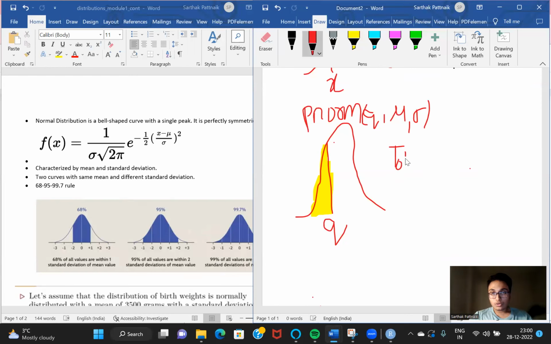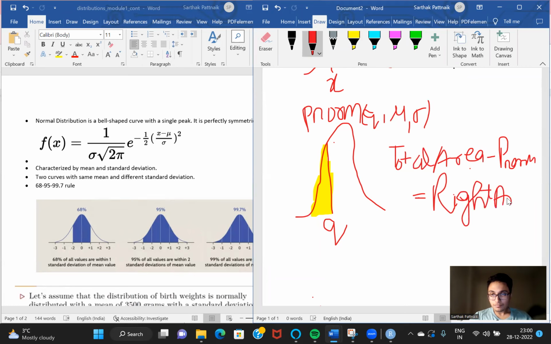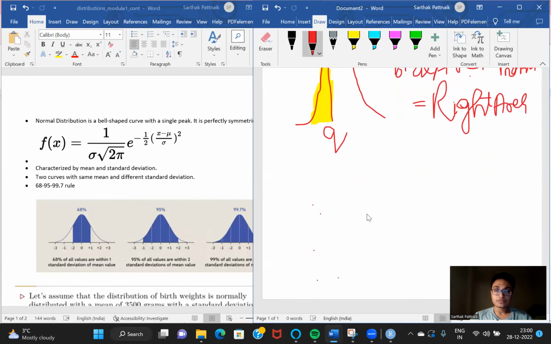So total area minus pnorm gives you the area on the right. Cool. This is what pnorm does.